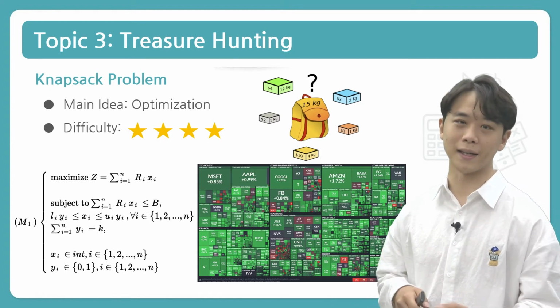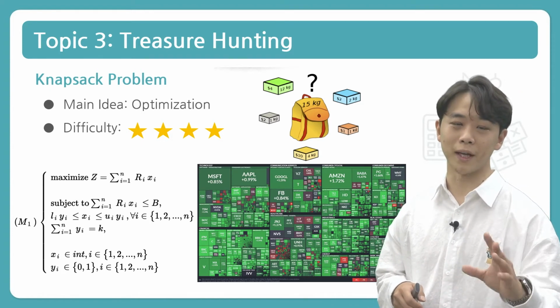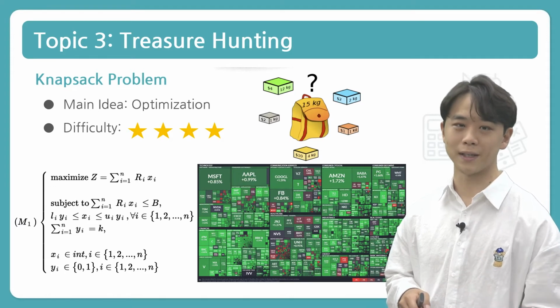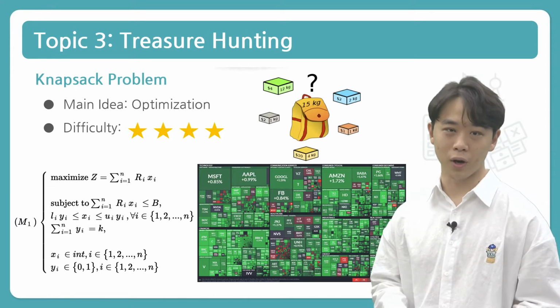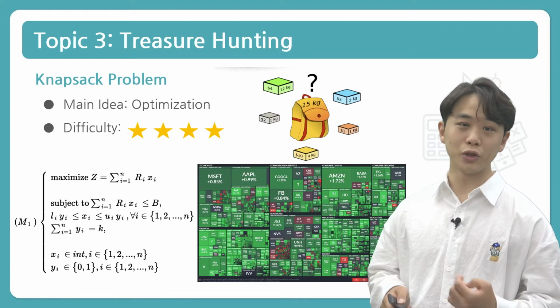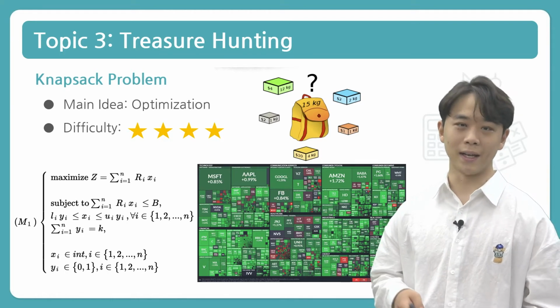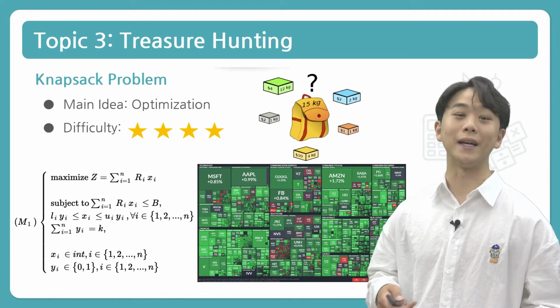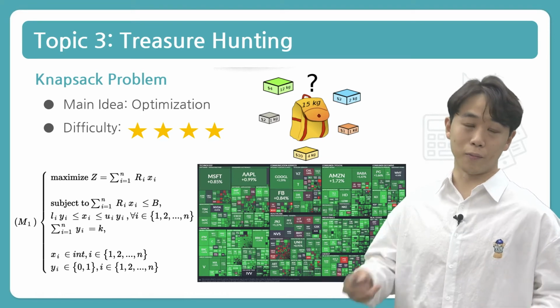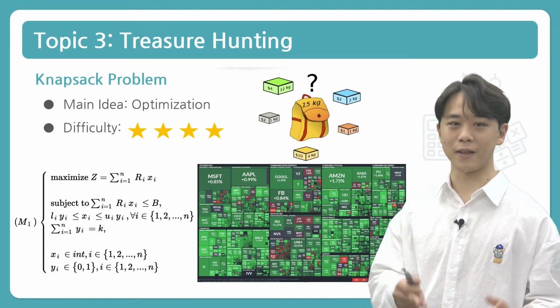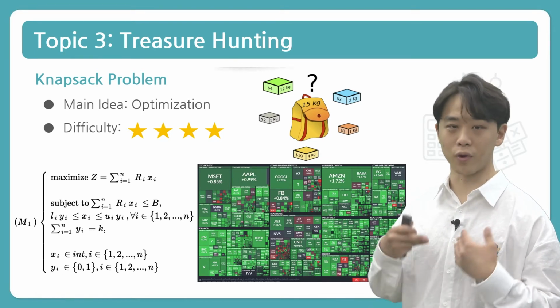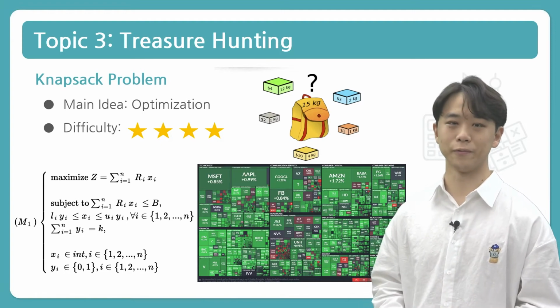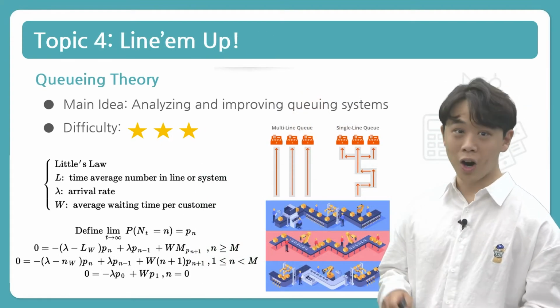We want to maximize this objective function while making sure that we abide by these constraints expressed as a bunch of equalities and inequalities. So if you're interested in how we can live life to the fullest by making the best choices out there, whether it be having the best sports team, having the best, most profitable portfolio, this topic would be for you.